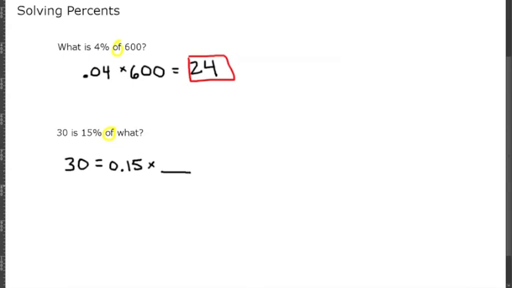And we know that to solve for that, we're just going to divide. So we're going to do 30 divided by 0.15, or 15 hundredths, and that is going to give us 200. So 30 is 15% of 200.